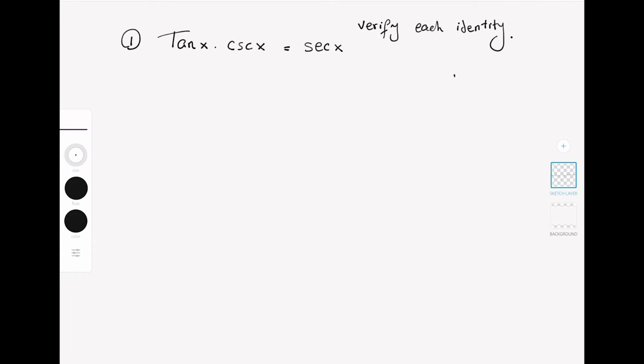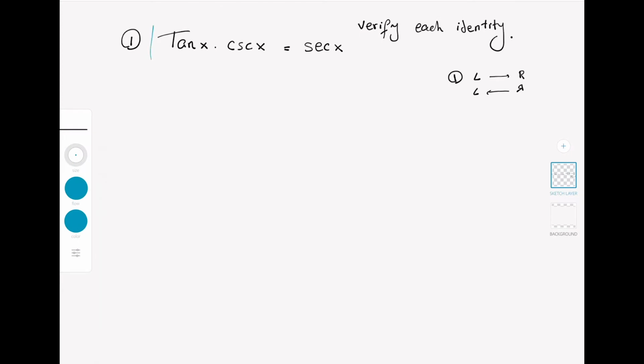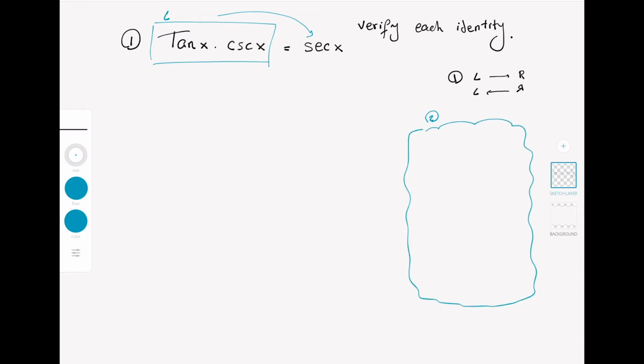So we learned that the first step, we have to decide should we go from left to right or from right to left. Definitely, if we start from the left hand side, we have something to simplify to get to the other side. The second step is we know some fundamental identities.